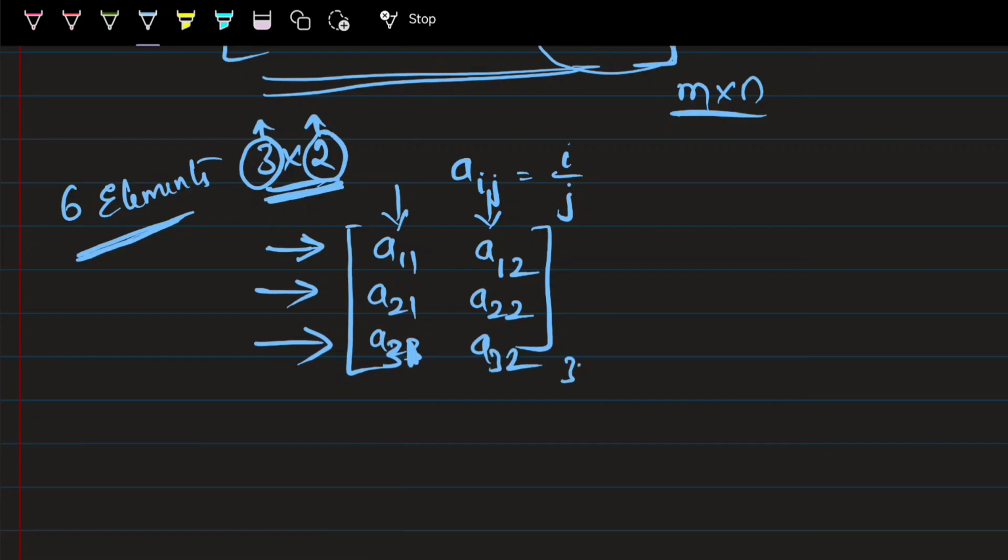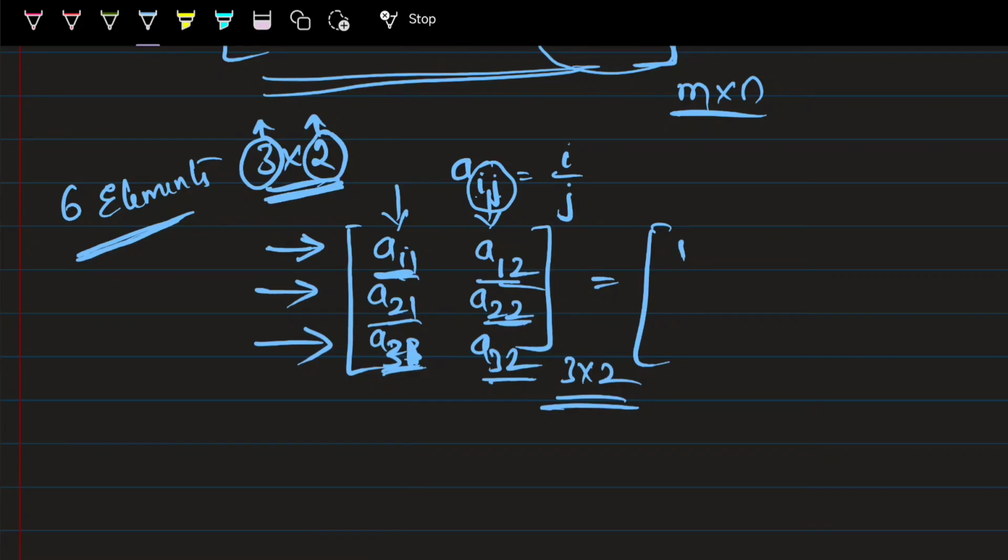So this is how we construct a 3 cross 2 matrix, where the subscript represents in which row and which column the element is present. The same subscripts apply here. If I substitute i and j here, I'm going to get a11, a12, a21, a22, a31, a32. So let us do that. In the first element, i is 1, j is 1, so it is 1 by 1, answer is 1.